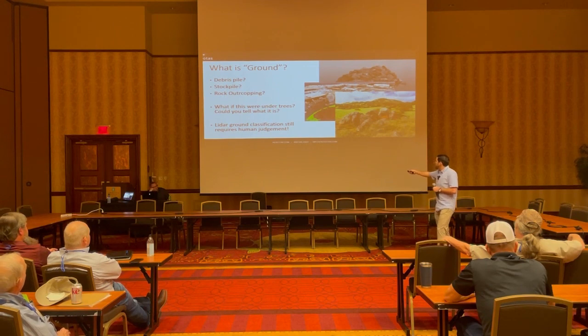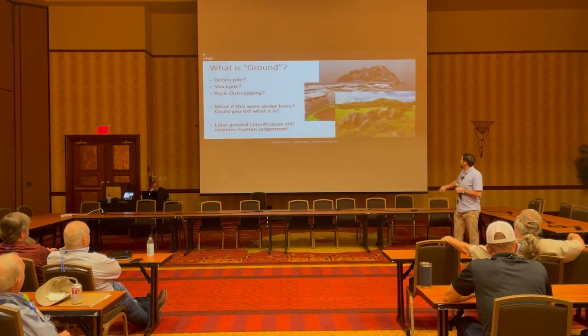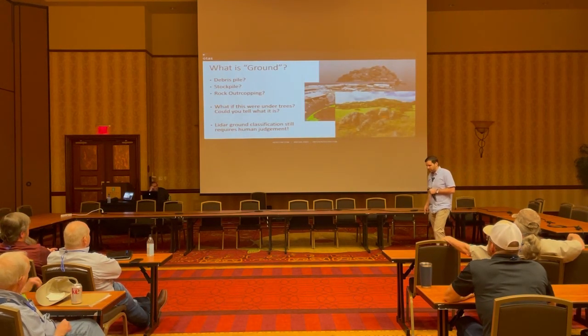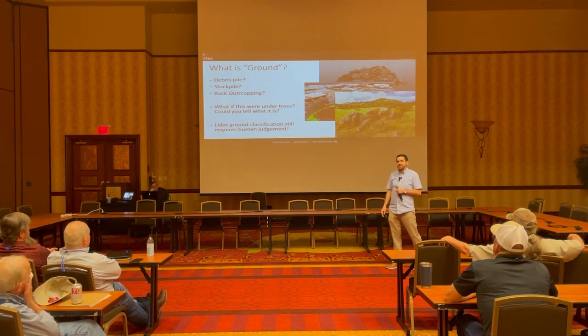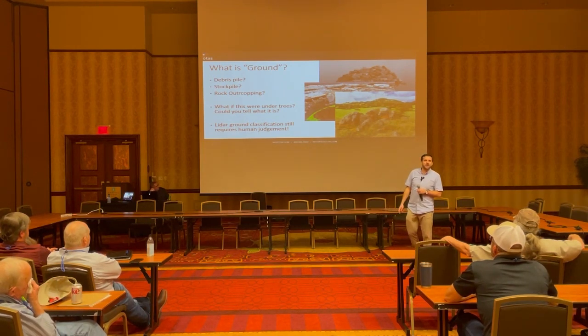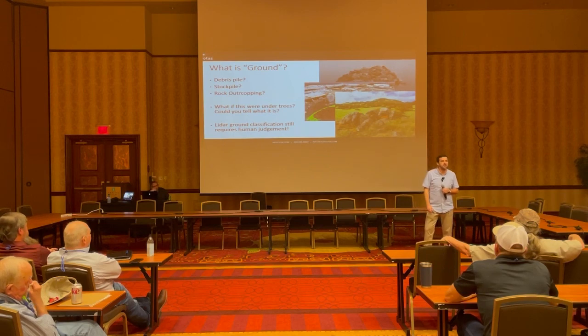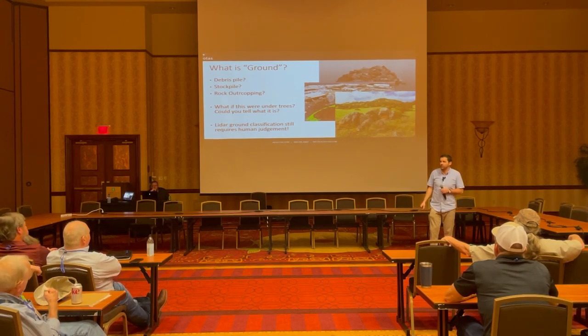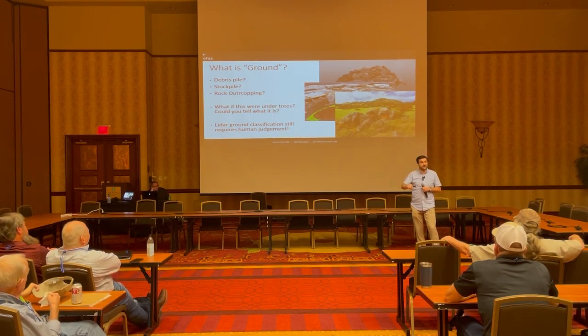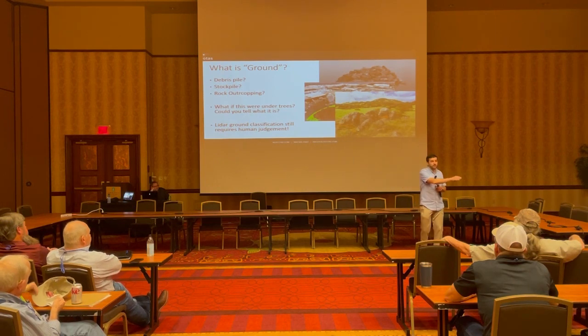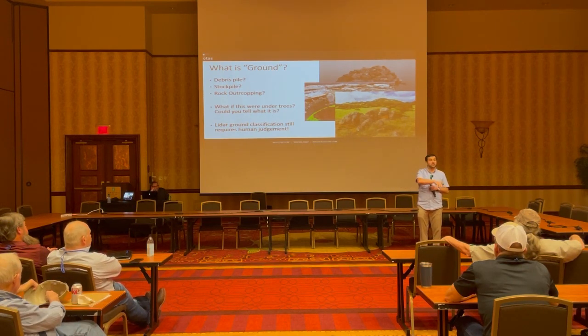And let's see, do I have a picture? Oh yeah, if these were under trees, could you tell what it is? That's another really interesting one because a human can pretty easily see sometimes if there is a car parked under a tree. From the LiDAR's standpoint, it looks kind of like a stockpile, kind of like just a hill.